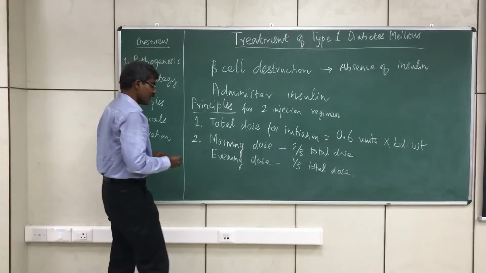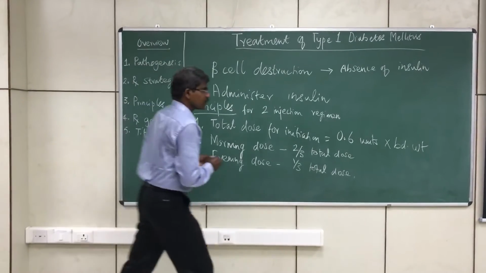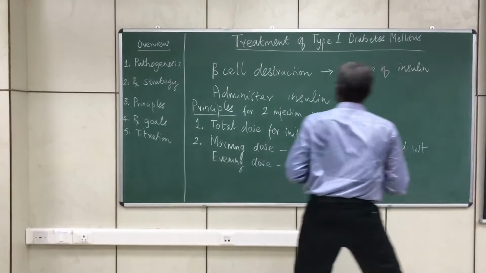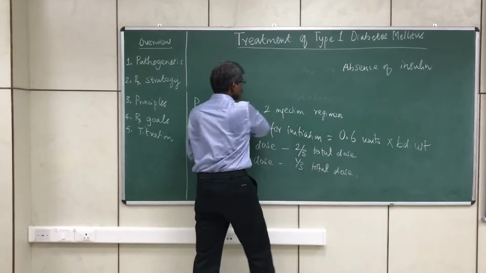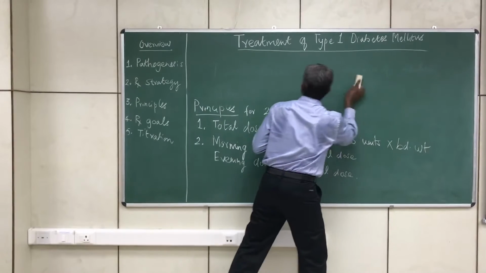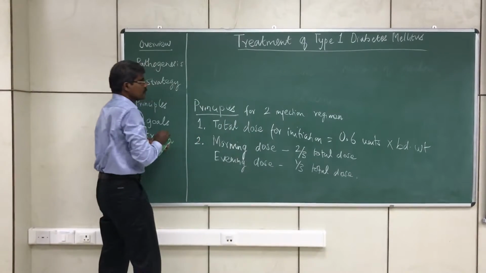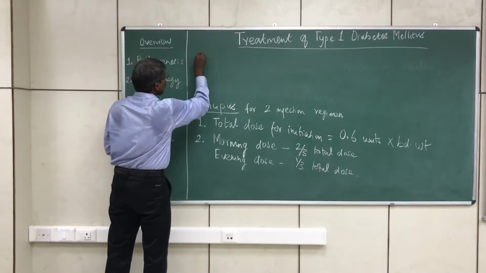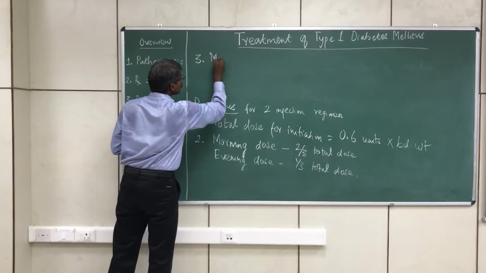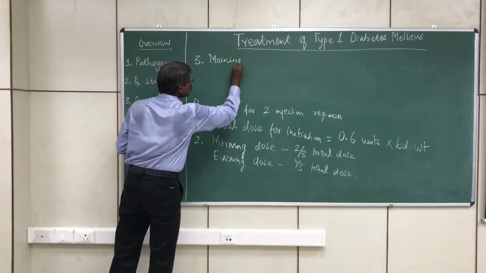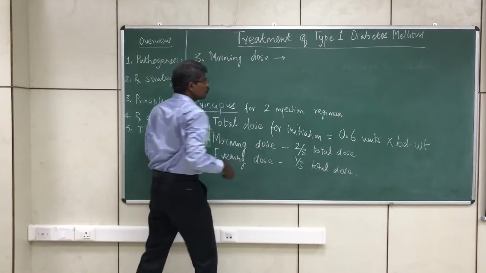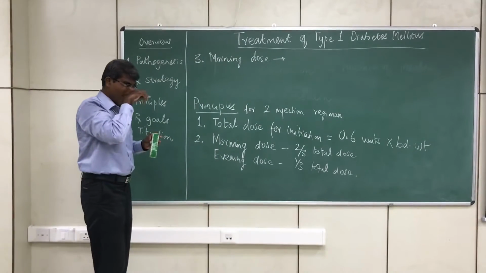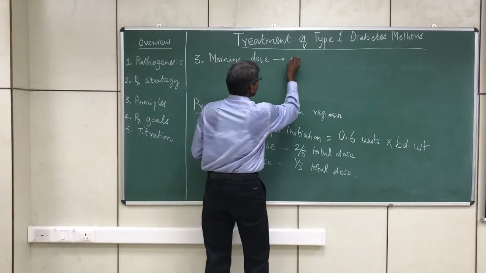Now let's see the third principle. The third principle says among the morning dose, 2/3 is given as long acting and 1/3 is given as short acting.